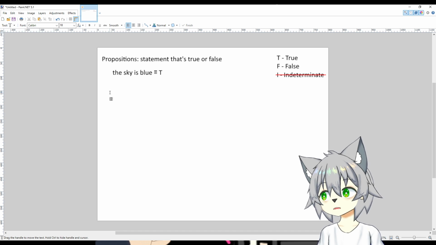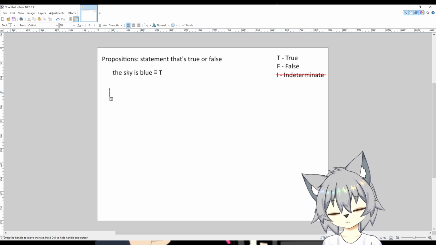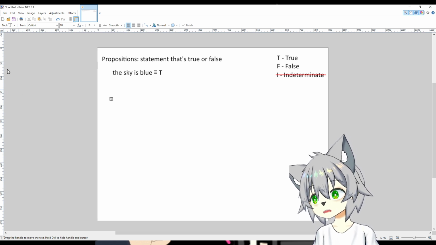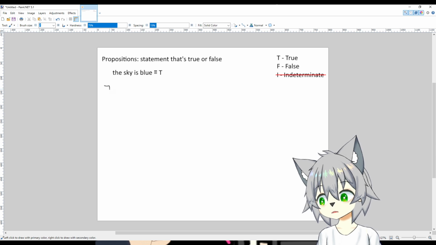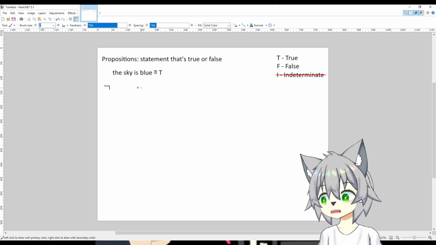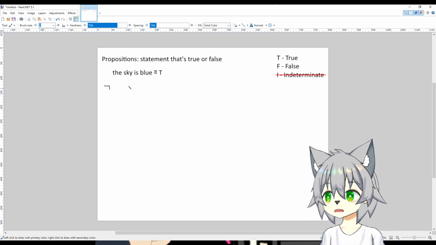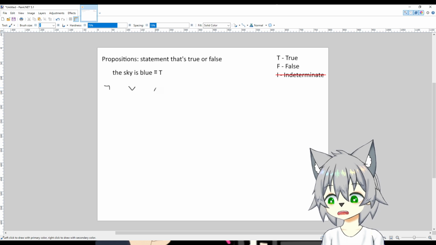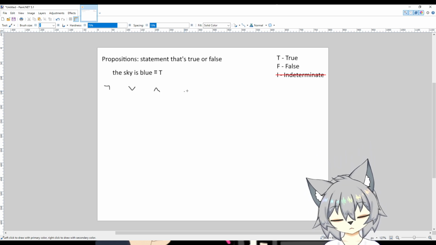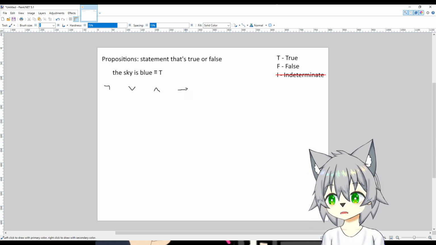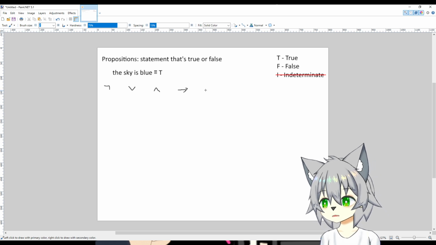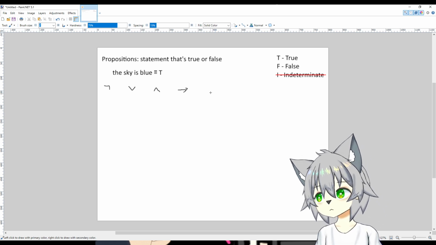Now, there are 4 functions that we can apply to propositions, which are the not symbol. I'm actually going to have to draw it because I don't want to look for the ASCII symbols. The or symbol. The and symbol. The implies symbol, or the implies function symbol. Doesn't really matter, the symbol represents a function anyway.